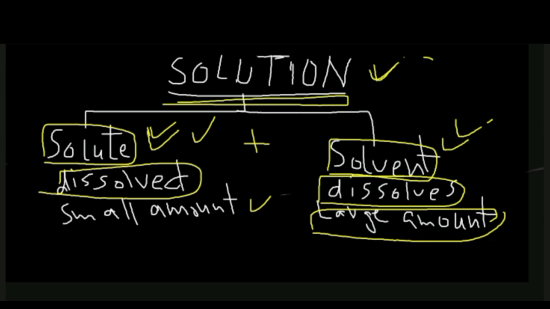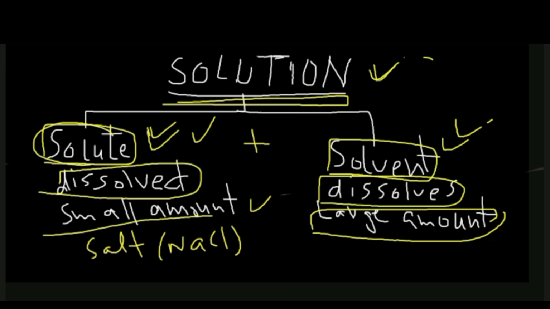For example, we have a salt in the form of a solute. We can take the example of sodium chloride. This is a salt which is considered a solute, and the other one is water, which is a solvent.